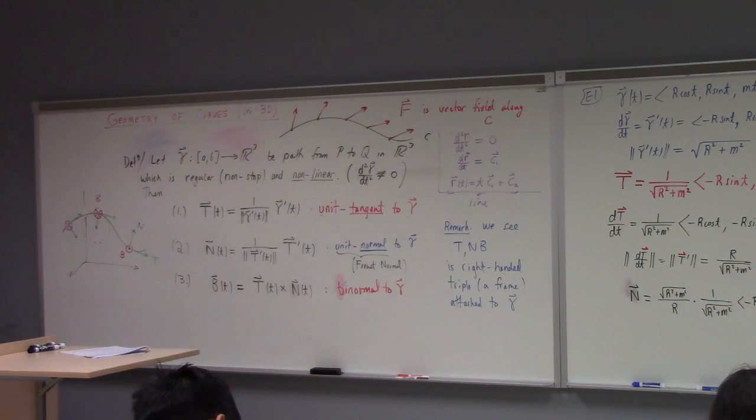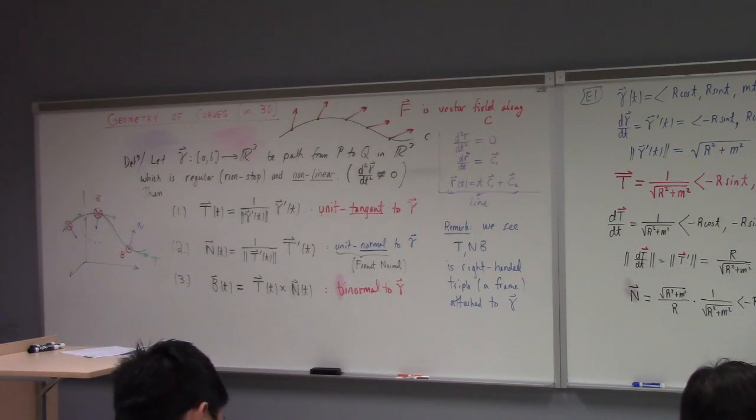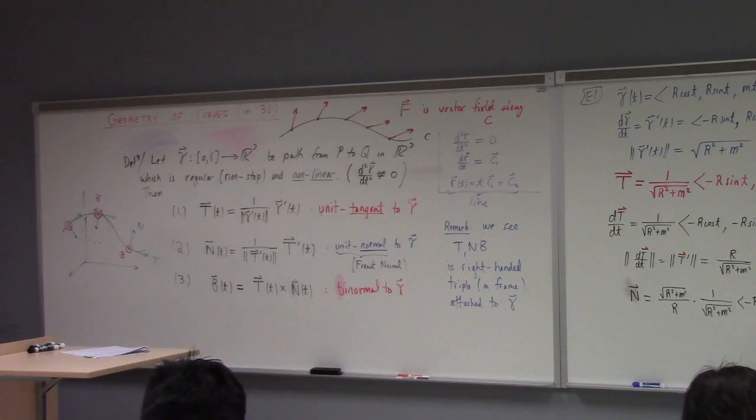And then for the third component, I get xy, so I get r sine squared t plus r cosine squared t. In other words, the binormal is 1 over the square root of r squared plus m squared, times m sine t, minus m cos t, r.